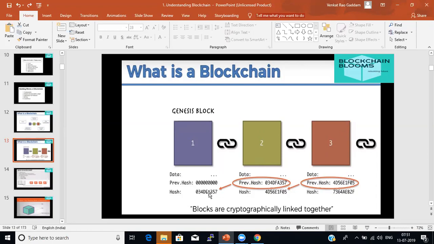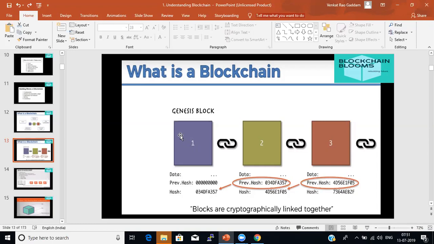Suppose tomorrow there are 3 blocks in the blockchain with 300 transactions, and someone wants to modify the first block data, some hacker or any internal administrator.